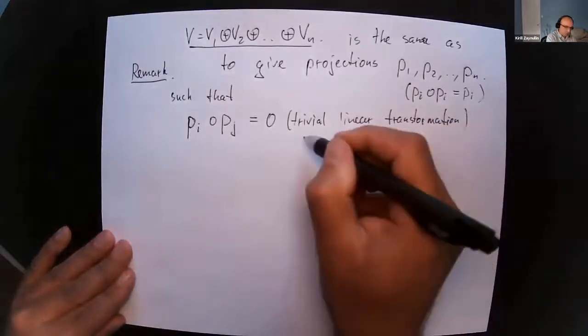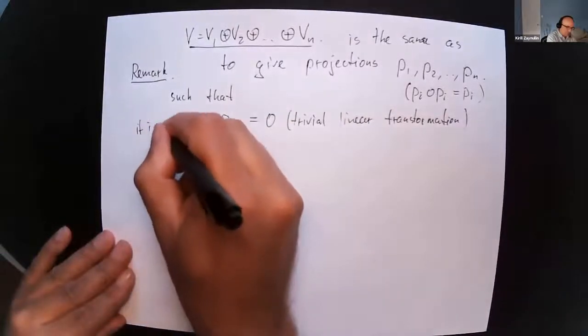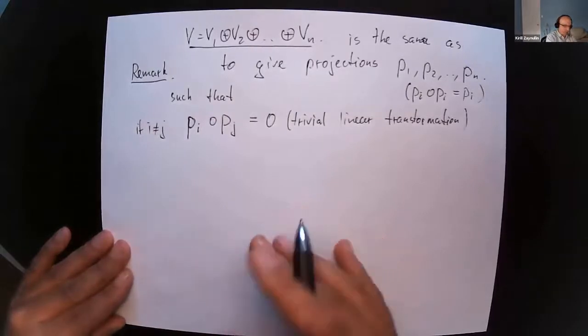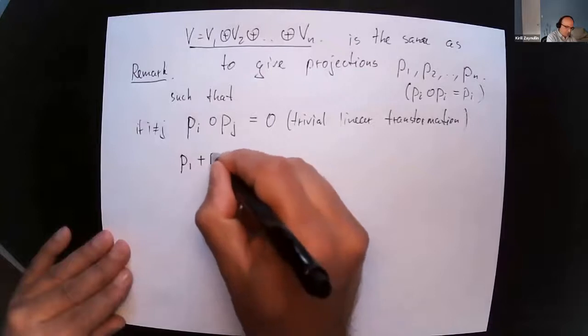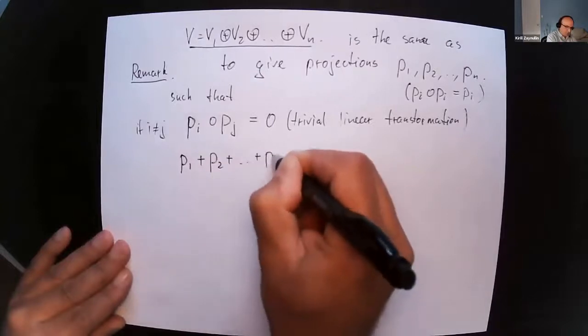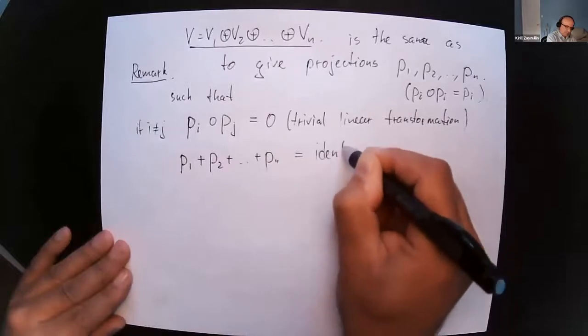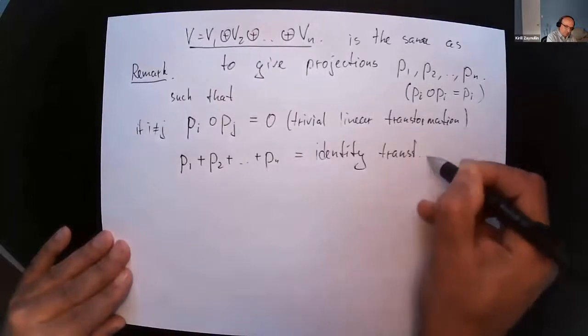Of course, here I assume that I is not J. Then if I take the sum of all these projections, I must get just the identity map transformation on V.